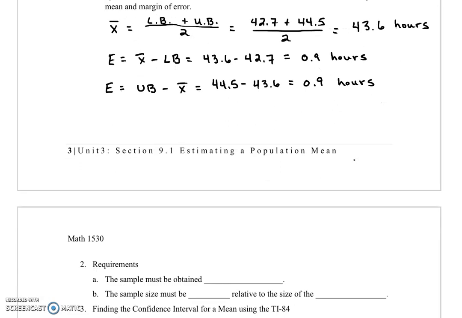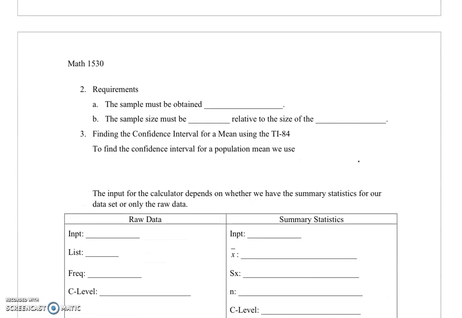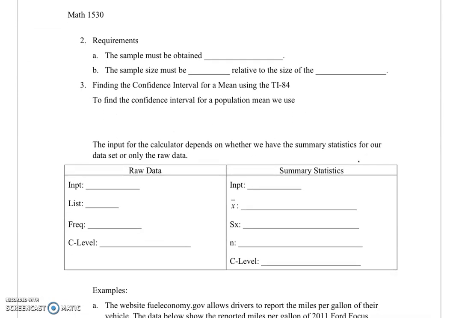Okay, we need to talk also about the requirements that have to be met before we can create our confidence interval. So, of course, the sample must be obtained randomly, and the sample size must be small relative to the size of the population.